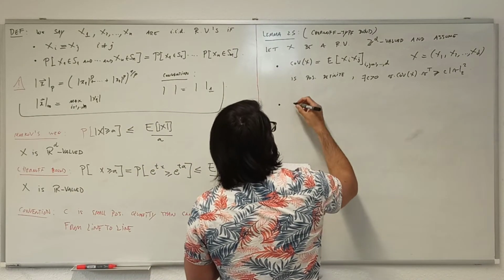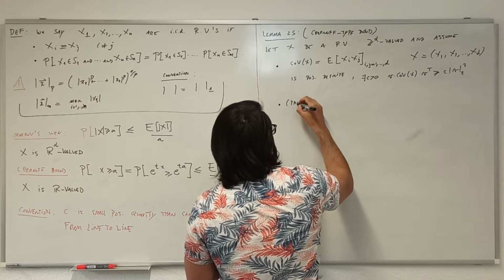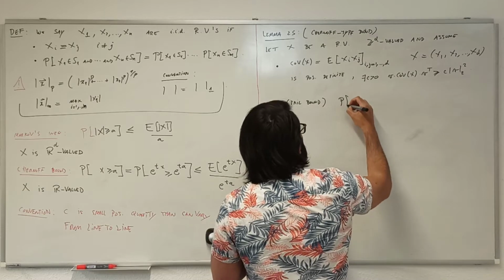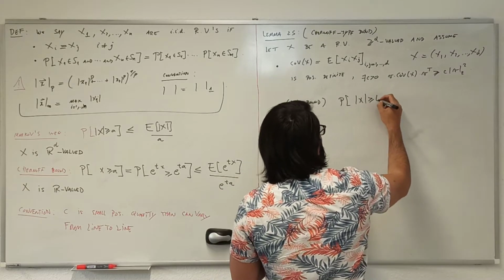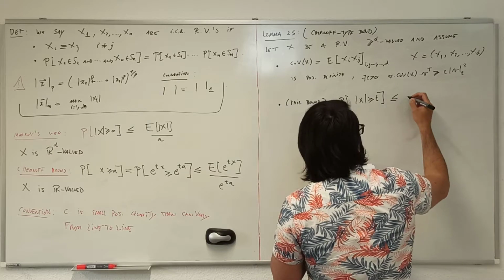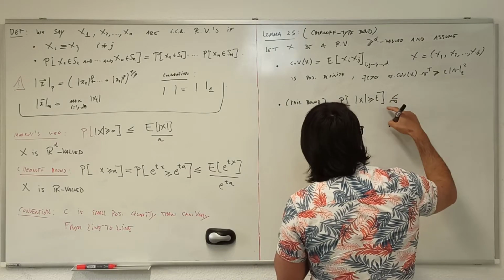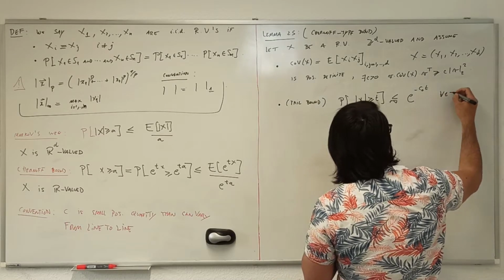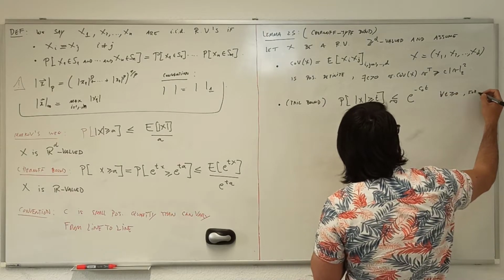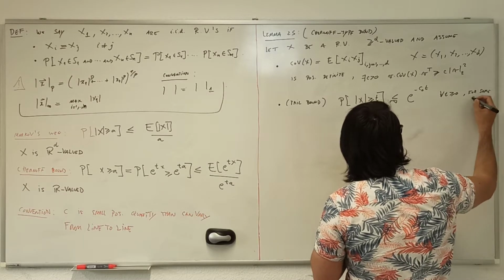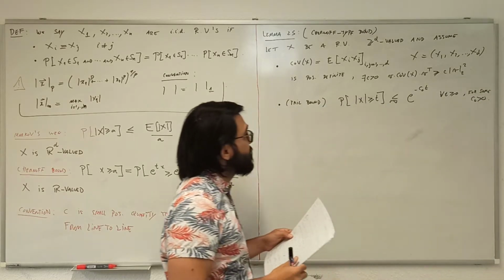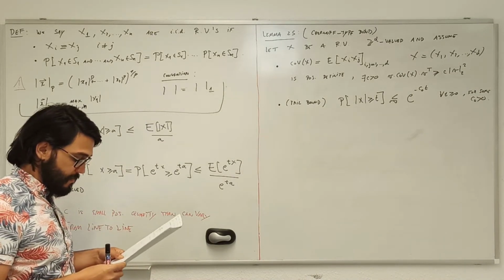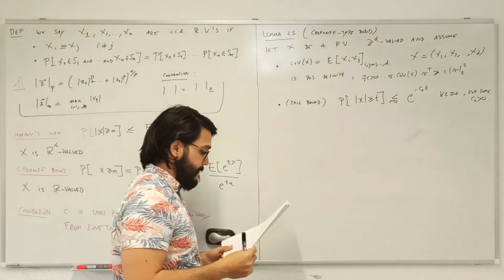And assume that we have the following tail bound. It's an exponential tail bound, which says the probability of the norm of x being greater or equal than t is less than e to the minus c_0 t for all t greater or equal to 0, for some c_0 positive.